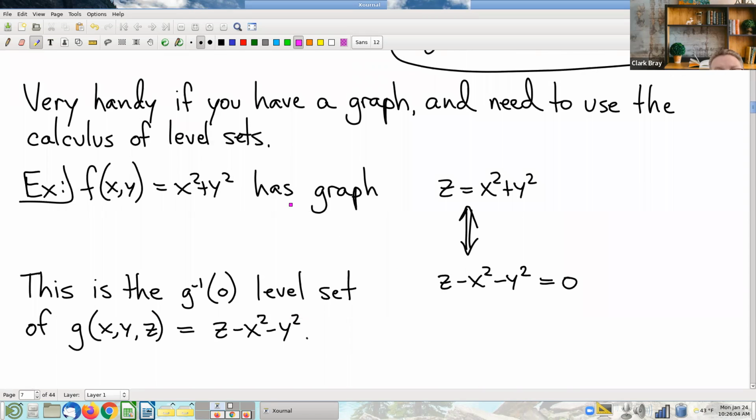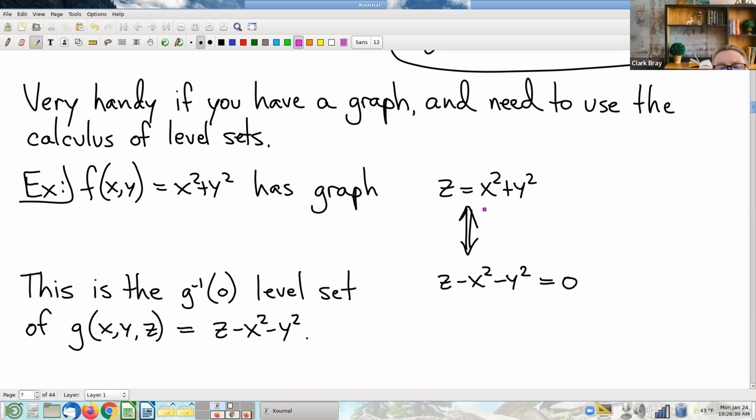Okay, so let's see this in action. Not the calculus part, of course, we haven't done the calculus yet, but suppose you're looking at that equation right there. This is a particular surface that we're going to be able to describe confidently by the end of today's lecture, if I go at a good pace. This is a graph, written as a graph. But I can also view it as a level set.